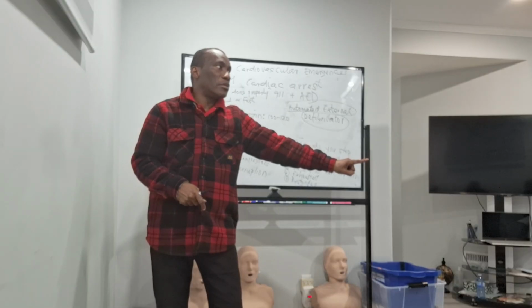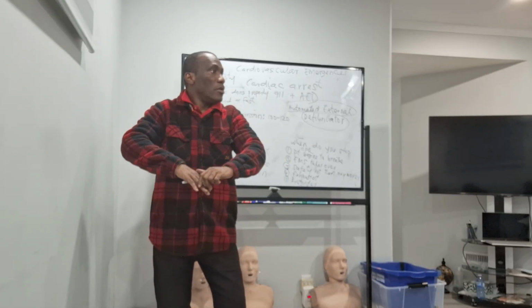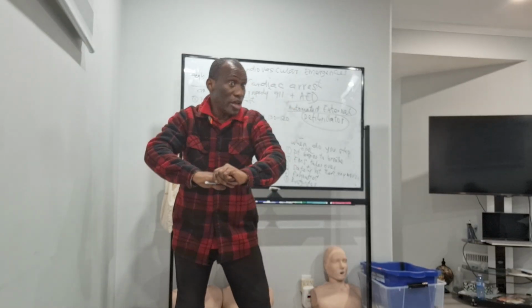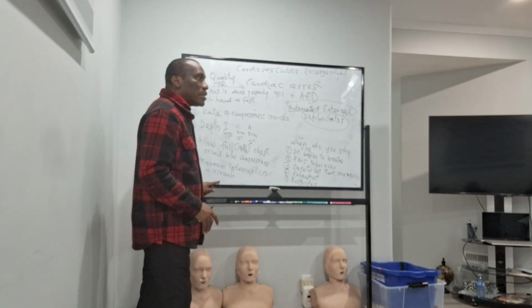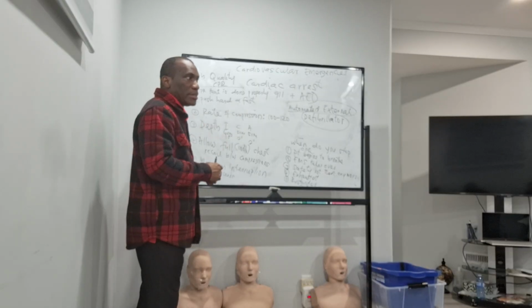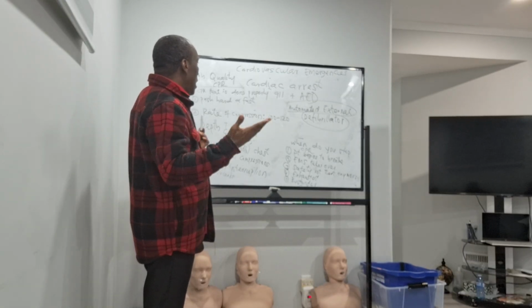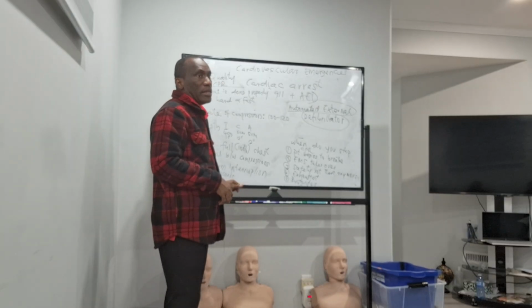So when you are giving breath, that is also an interruption, because when you are giving breath, you are not doing compressions. What they are telling you is that from compressions to breath and back should not take more than 10 seconds. So you shouldn't waste too much time trying to give breath. When you do this, you are doing CPR properly.